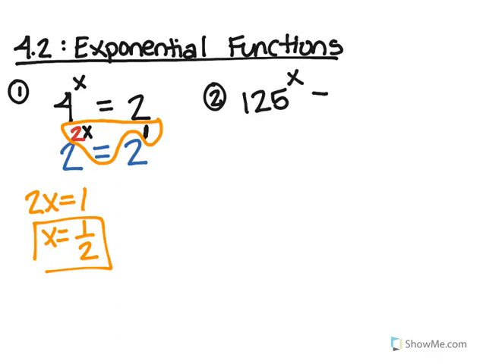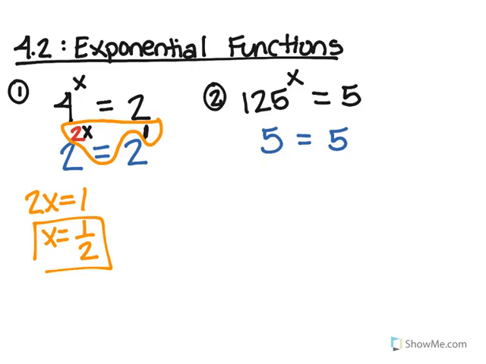125 to the x power equals 5. So when I look at 125 and 5, the lowest base I can write would be in terms of 5. Okay?